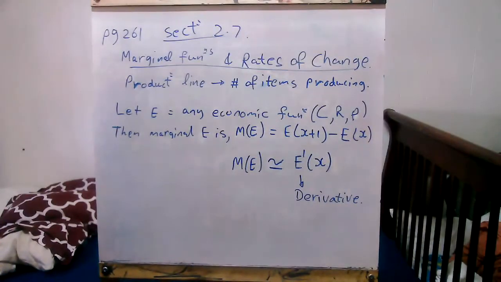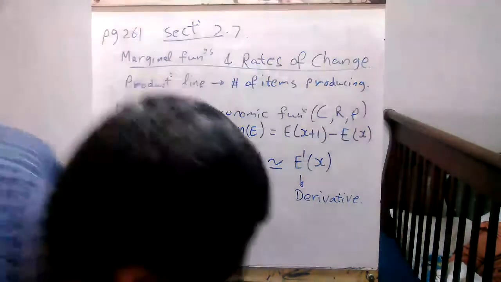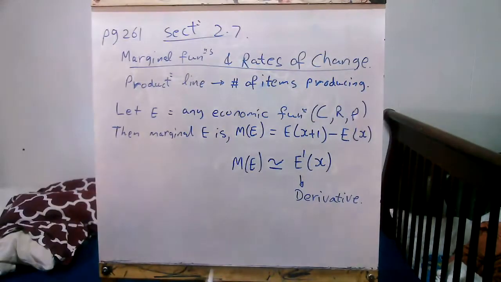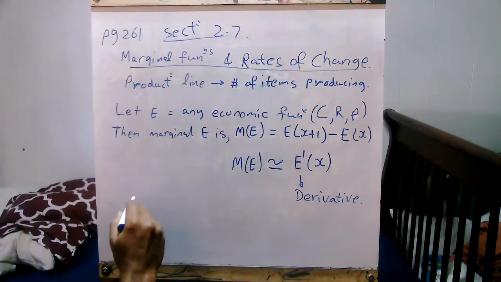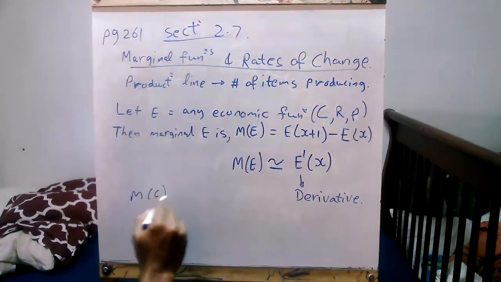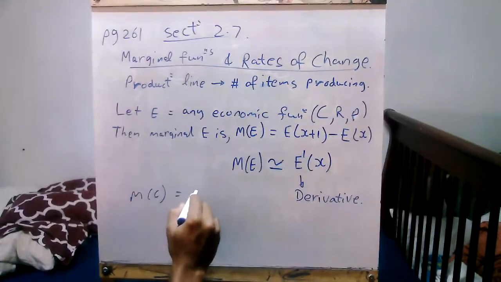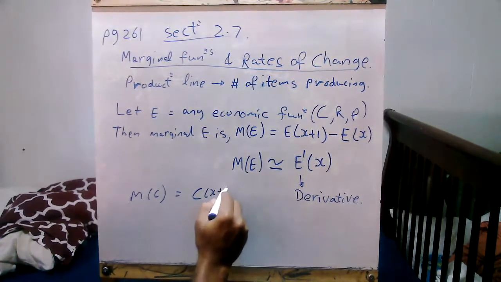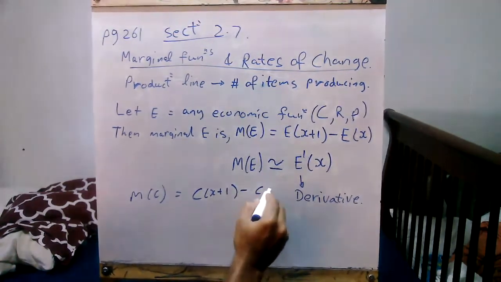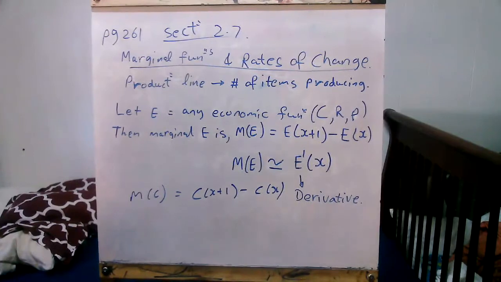Right? Now I said this E could be C, R or P. That means when this is cost, we can say marginal cost of C equals C(x+1) minus C(x), right?